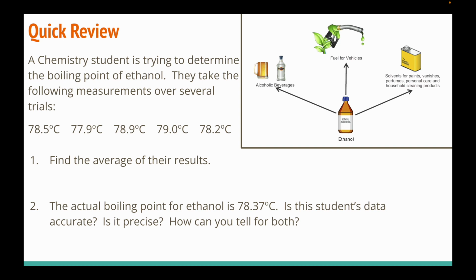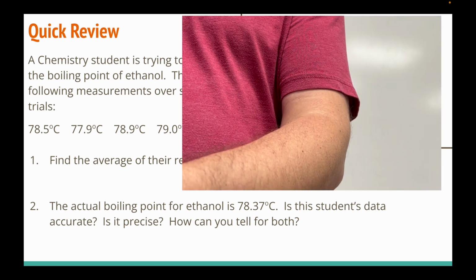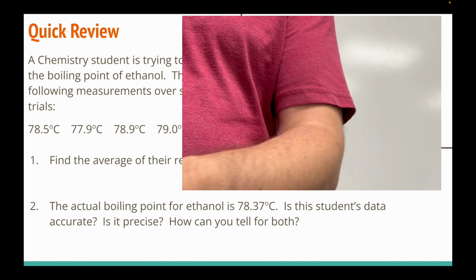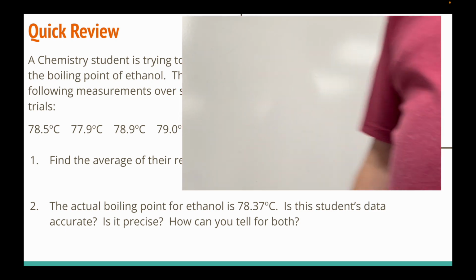Okay, once you got that done, the actual boiling point is 78.37. So is this student's data accurate or is it precise? And how do you know? So remember, this was a question a lot of us had while we were taking our quiz last week.